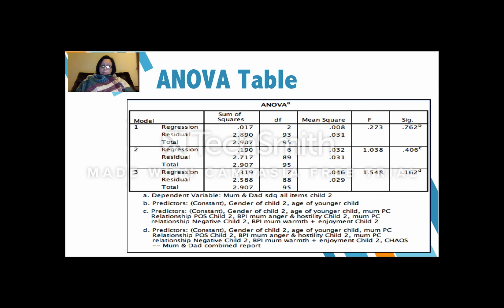The next part of our output contains an ANOVA that tests whether the model is significantly better at predicting the outcome than using the mean as a best guess. So specifically, the F ratio represents the ratio of the improvement in prediction that results from fitting the model relative to the inaccuracy that still exists in the model. And this table is again split into 3 sections, one for each model, and we're also told the degrees of freedom for each term.